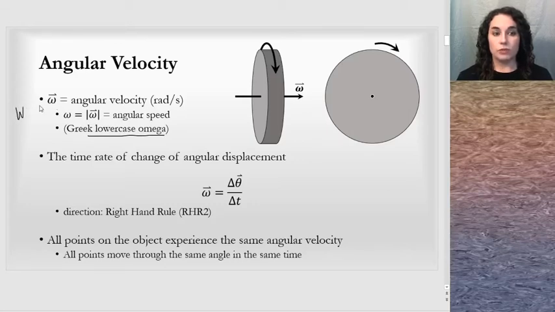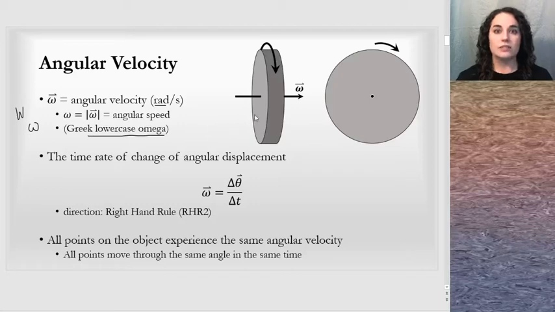Some people like to write W, but it really has rounded edges on the bottom, so make sure you're doing that in your own work. The SI units are radians per second, not degrees per second, radians per second. And we will keep that in mind as we do dimensional analysis in further equations.